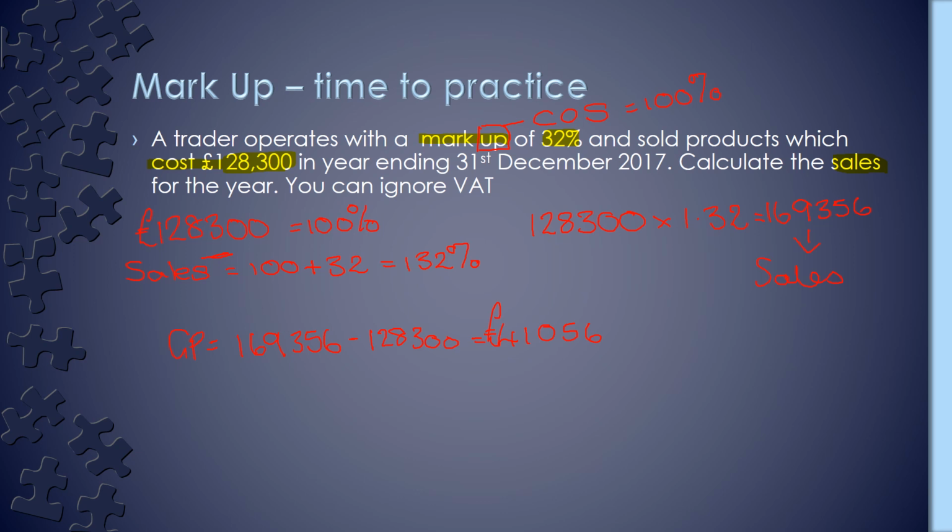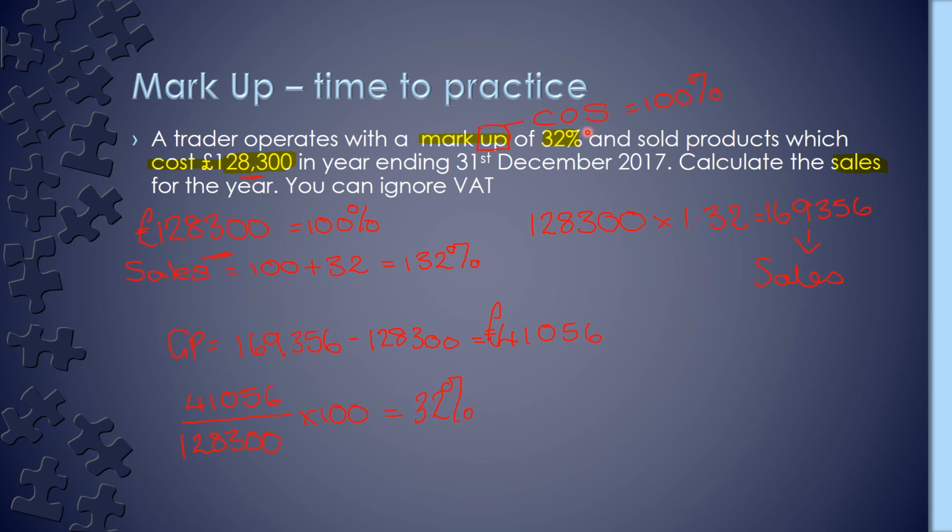So let's do our markup. So our markup is our gross profit divided by our cost of sales, multiplied by 100, and that brings you back to your 32%.